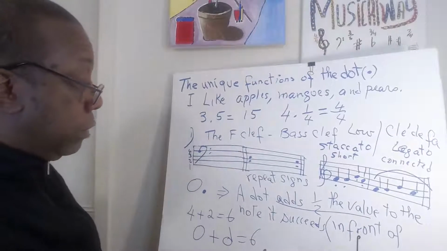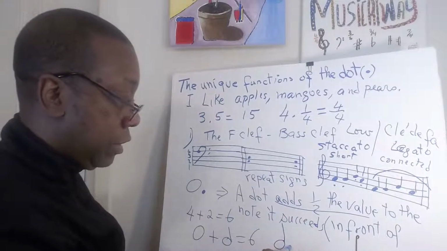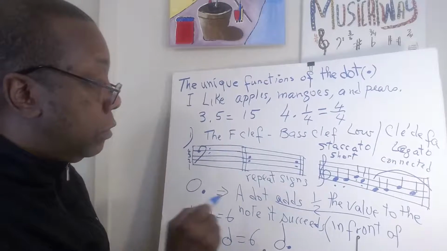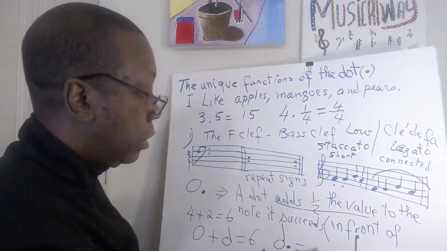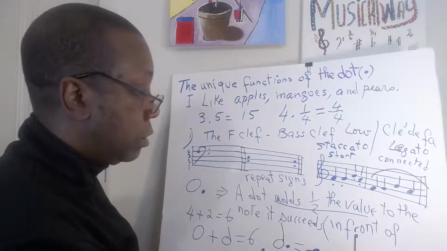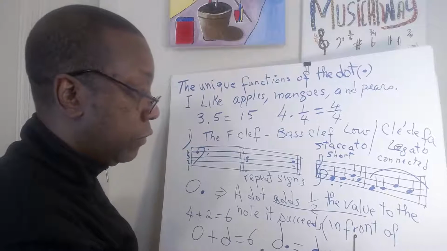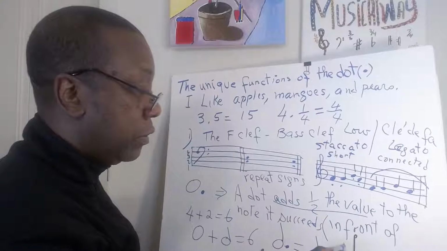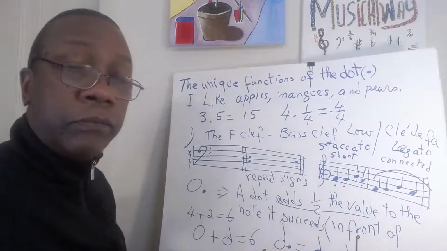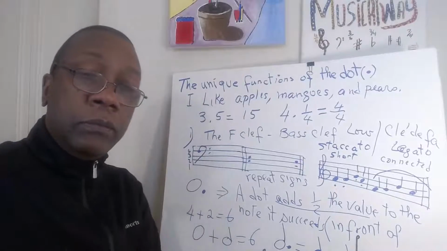So if I have a half note that has a dot, that would be half of the half note, which is a quarter, plus the half note. It will be equal to 3.